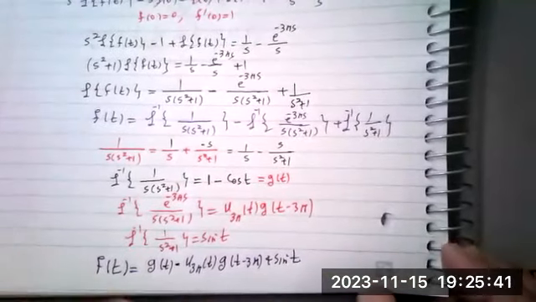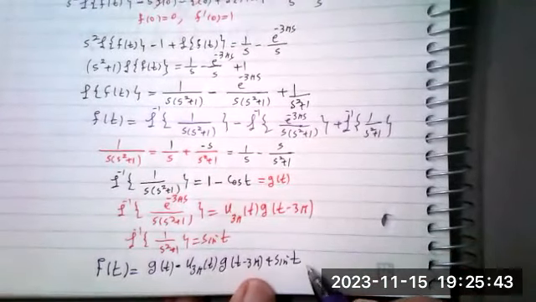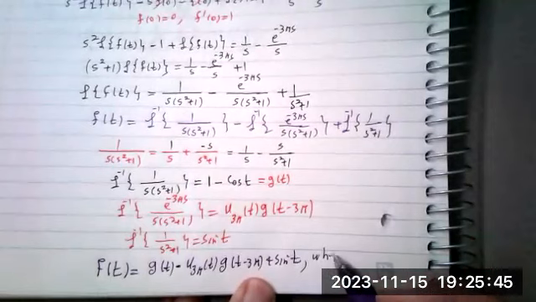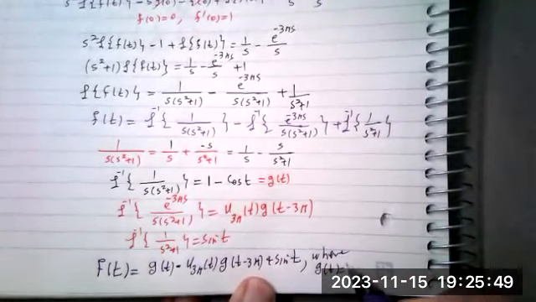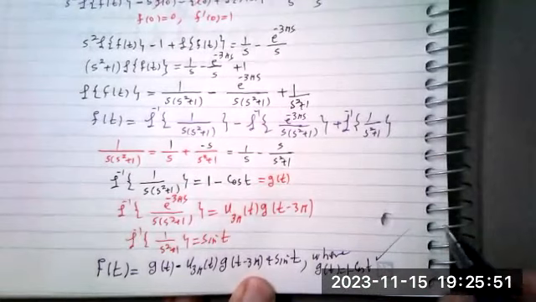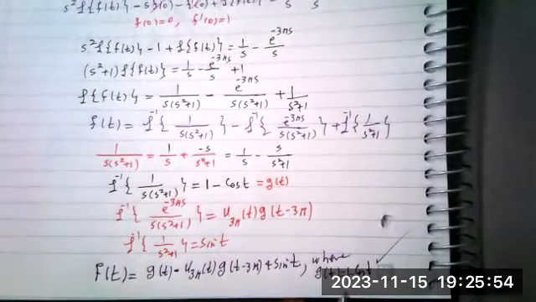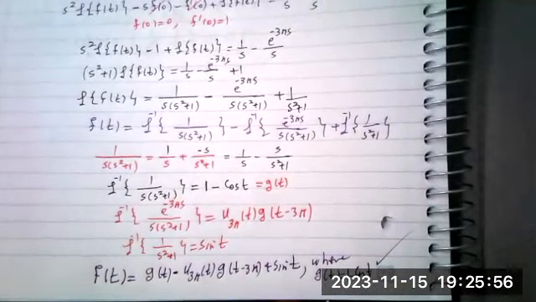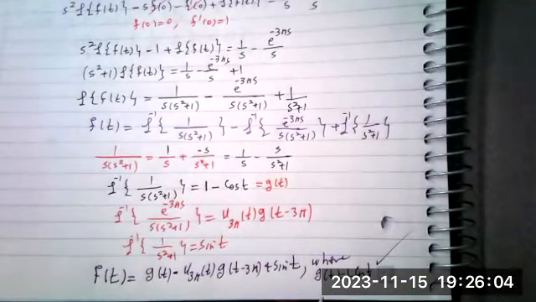If you write it in this formula, you have to remind us that g of t is simply 1 minus cosine t, and then do that. Otherwise, you can list it. You can give us the full version of the function. It's nice to write it down in this way.